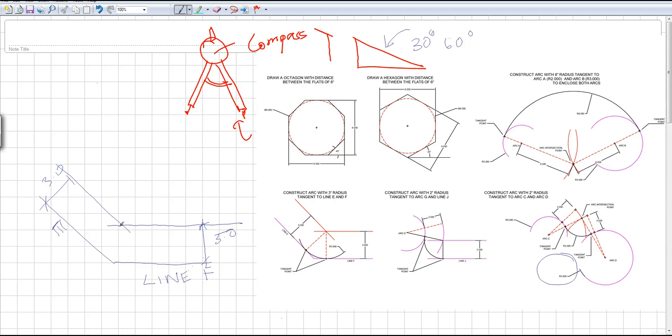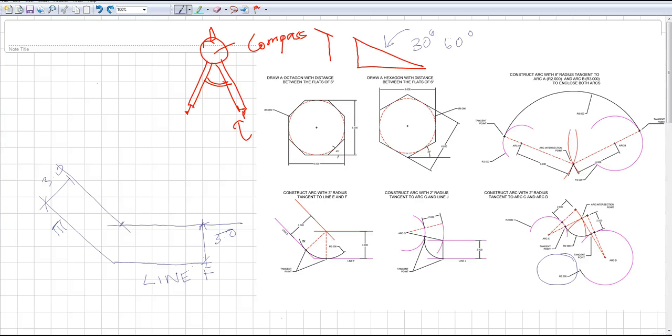Now the second part is to draw my tangents to these lines, because if you see, the arc goes to the tangent, right? So this is one tangent and this is another tangent. So how do I draw those tangents?